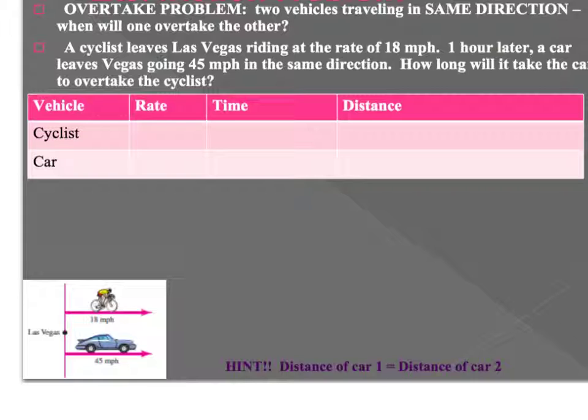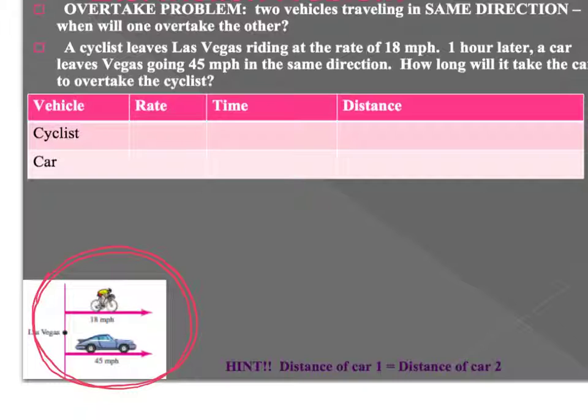How long will it take the car to overtake the cyclist? Remember, we talked about how two cars going in the same direction looks like an equal sign. That's our hint that we set the distances equal to one another.